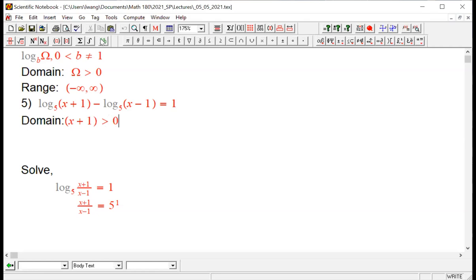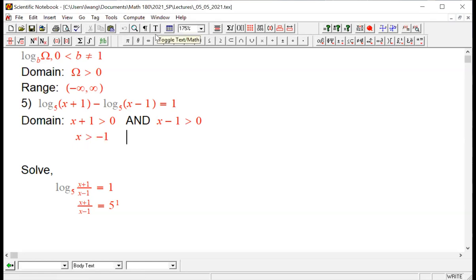must be larger than 0. And the keyword must be "and." x minus 1 must be larger than 0. And from the first inequality, we get x larger than -1.